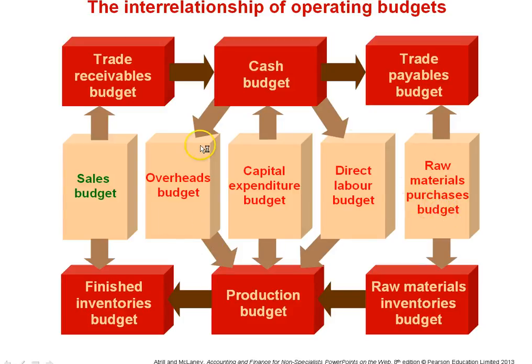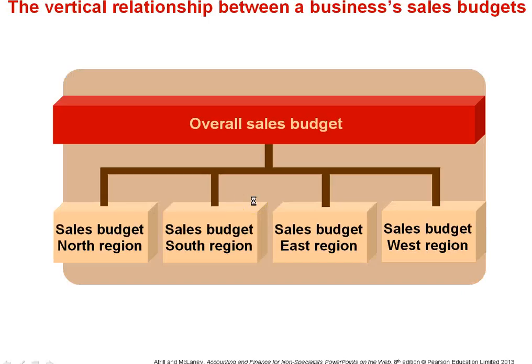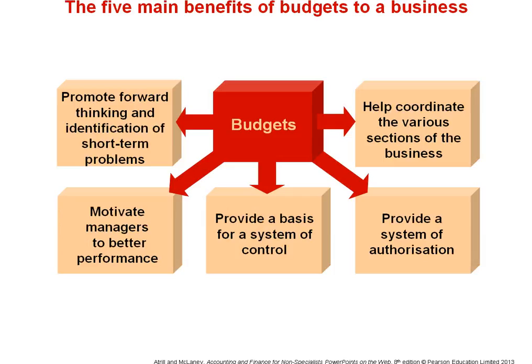So it's all kind of interlinked, starting with your sales level, then your production output to meet those sales, then everything else falling into place with the additional activity of capital expenditure. So looking at the sales budget, that can be broken down into simple regions like that. It'll involve information from managers, it'll involve the sales strategy, whether you're going to launch new products, that sort of thing.